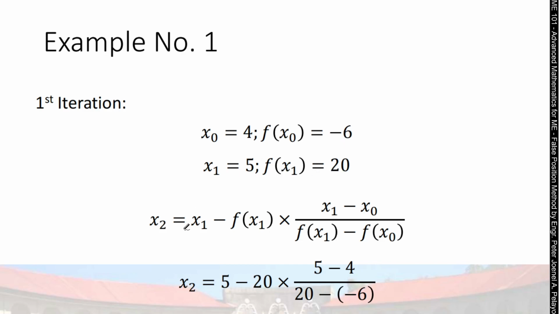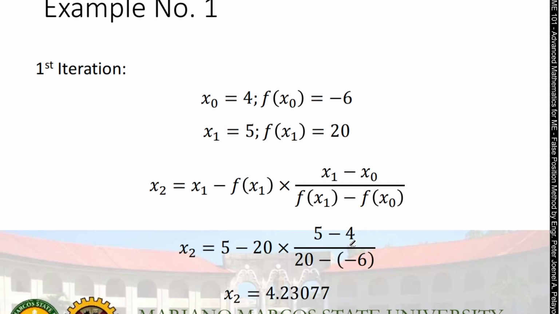So, x2 will be equal to x1 minus f(x1) times x1 minus x0 all over f(x1) minus f(x0). So, 5 minus 20 times 5 minus 4 all over 20 minus -6. Ang makukuha natin value ng x2 is 4.23077.